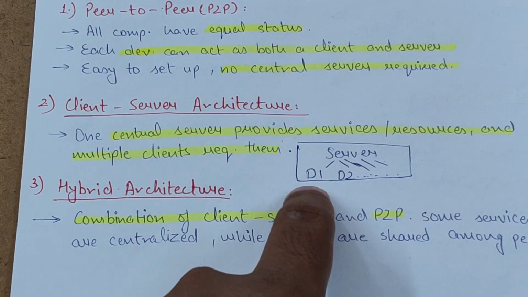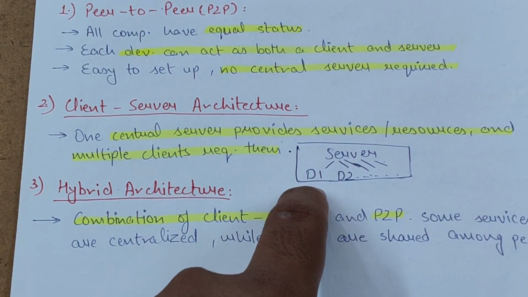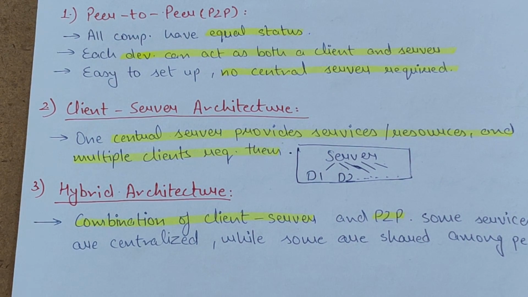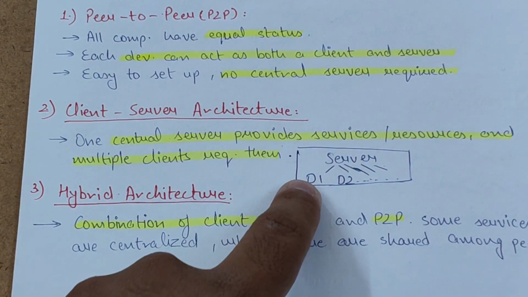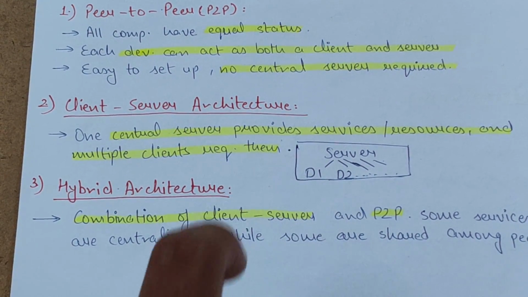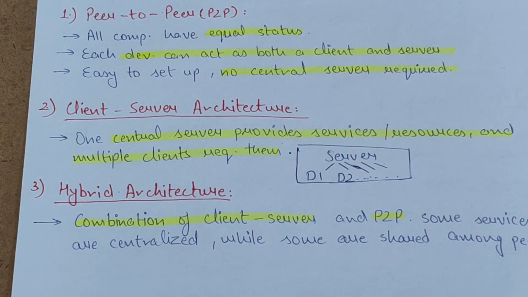We take D1 as an example. D1 requests a photo, or data, from the server, and the server accepts the client request and sends the photo to the D1 device because D1 asked for the photo. So this is what client server architecture means.